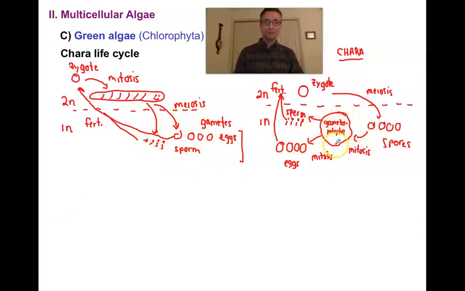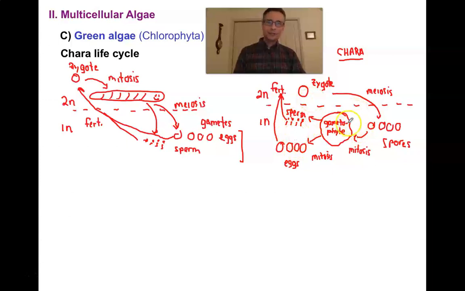Our multicellular organism is going to be haploid, and our single cells over here are going to be diploid. So what is Chara doing? Chara is producing a multicellular organism over here that is haploid. Then this multicellular organism is producing the gametes. It's producing sperm and it's producing eggs.